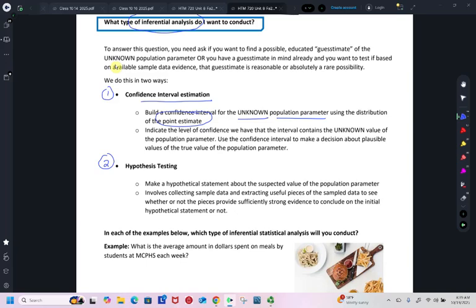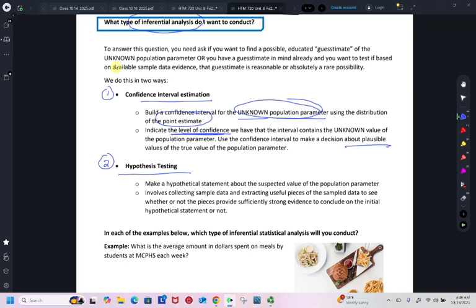Then, using confidence interval estimation, we specify the level of confidence that we want to have about using the point estimate and its standard error in finding a range of plausible values of the unknown population parameter. We illustrated this in earlier lessons regarding a single population proportion.